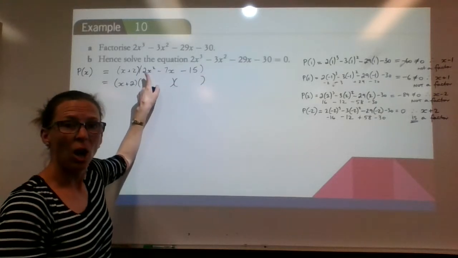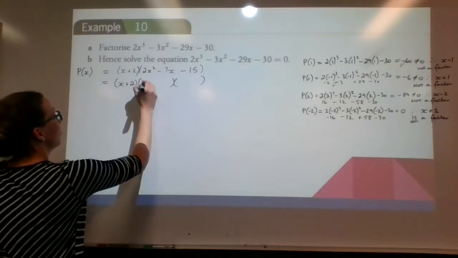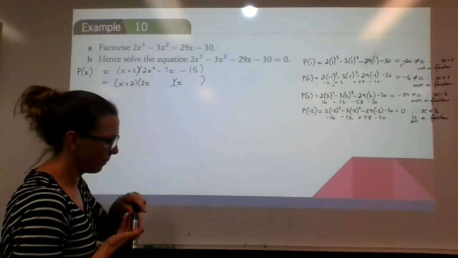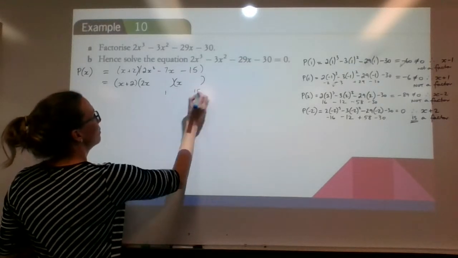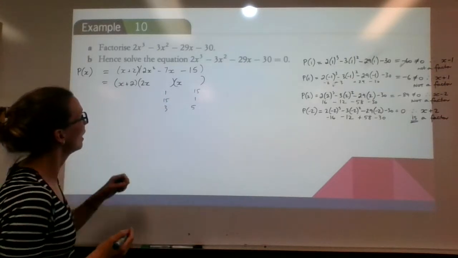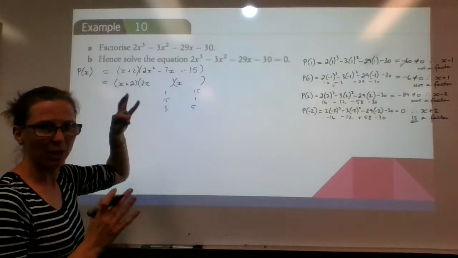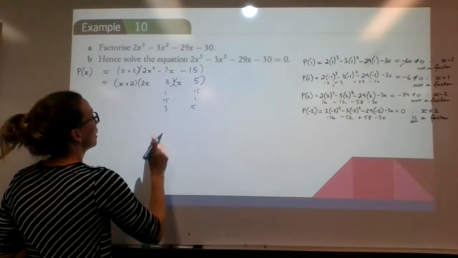It's non-monic. I know that I've got to have a 2x in the front of one bracket and an x in front of the other one. I've got negative 15. Now, negative 15 has a few factors. Okay, I could have 1s and 15s, or I could have 3s and 5s. All right? I feel like because I need to get to a 7, I need something kind of in the middle. I'm going to try a 5 here and a 3 there.